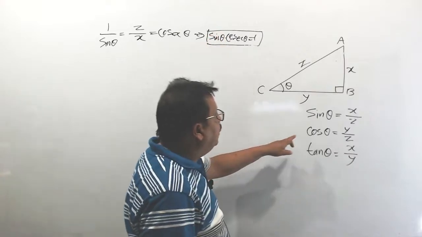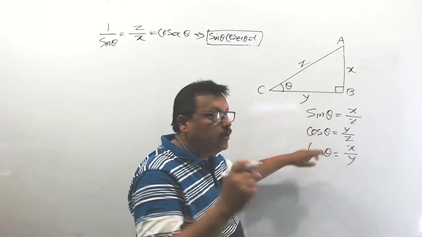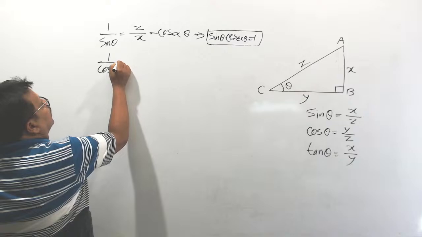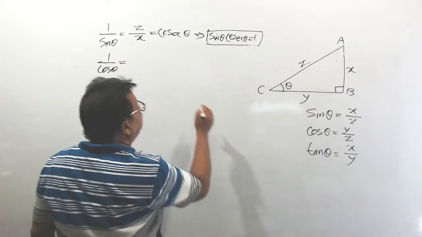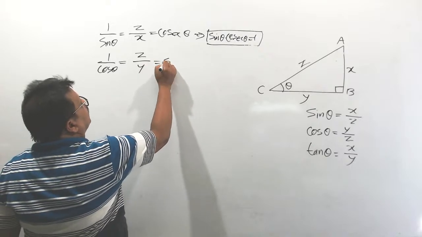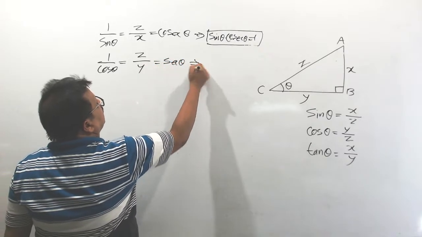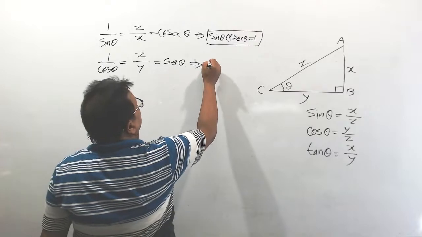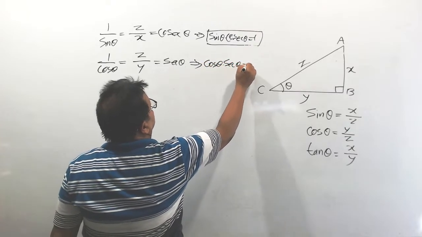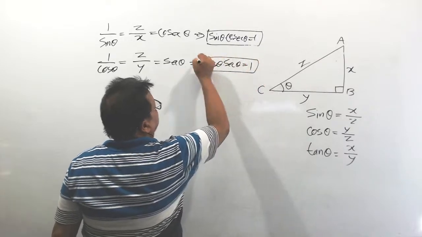Similarly, the reciprocal of cos theta is 1 by cos theta. That means z by y, which is called sec theta. This implies cos theta into sec theta equals 1. This is another formula.